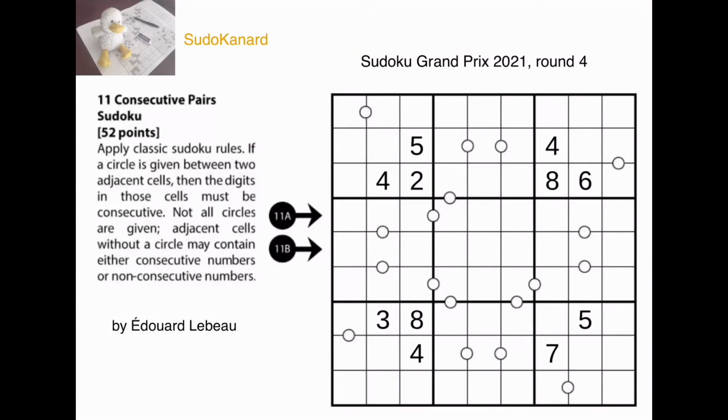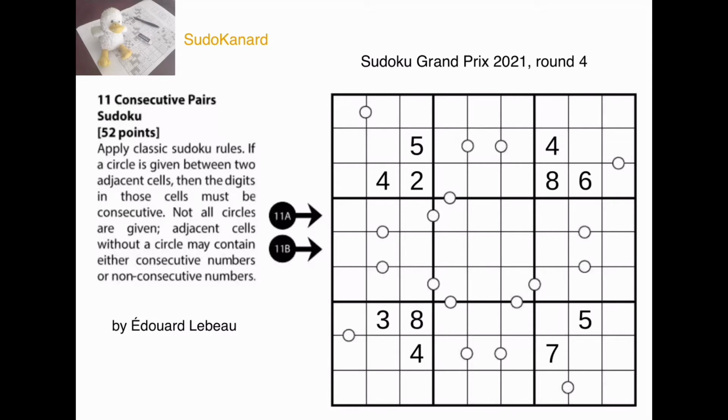Here is a consecutive pair Sudoku puzzle that I created for round 4 of Sudoku Grand Prix 2021. And the rule, apart from the standard rules of Sudoku, is that whenever you have a dot, a circle between two cells, it means that the corresponding digits are consecutive.